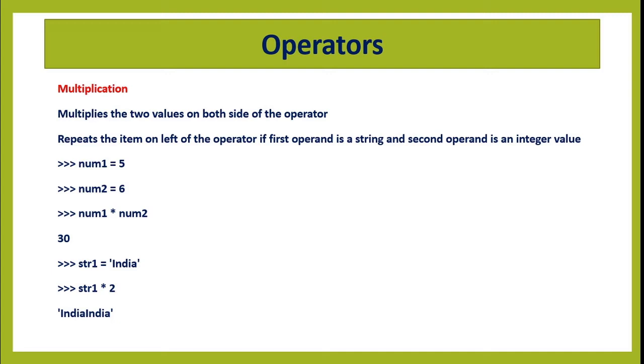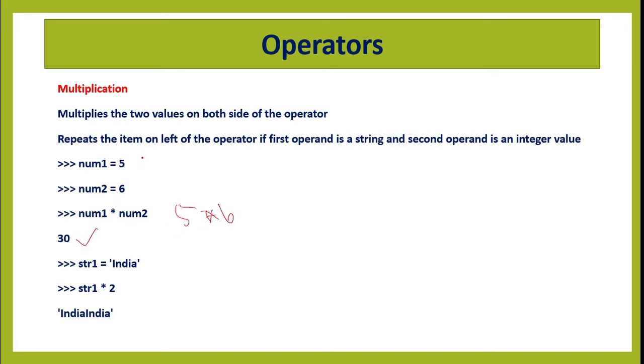Okay. See here, num1 equal to 5, num2 equal to 6, then num1 star num2. We are assigning the value 5 to the num1 variable, then 6 to the num2 variable. Then we are doing the multiplication 5 star 6. So the output is 30 here.